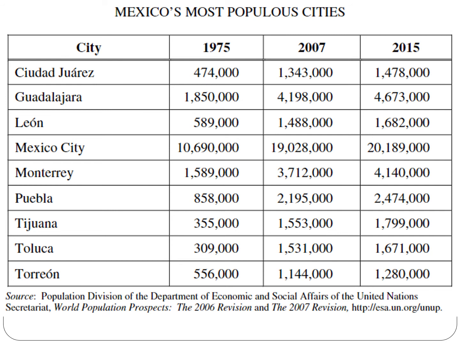Next, we have a data table looking at Mexico's most populous cities. Notice Mexico City. Would an especially large, powerful, influential city be a unifying force for a country, or something that would pull it apart?